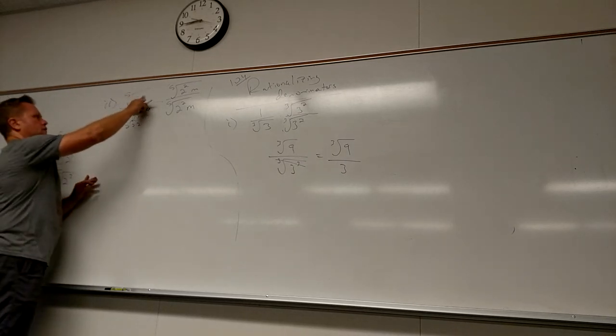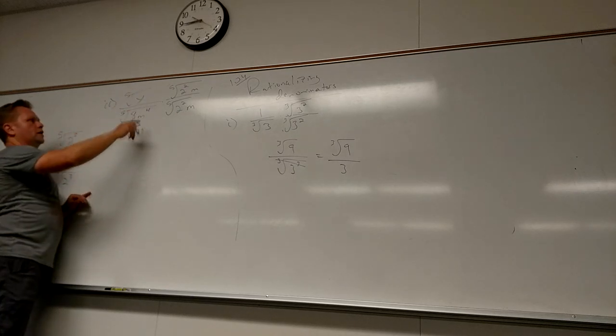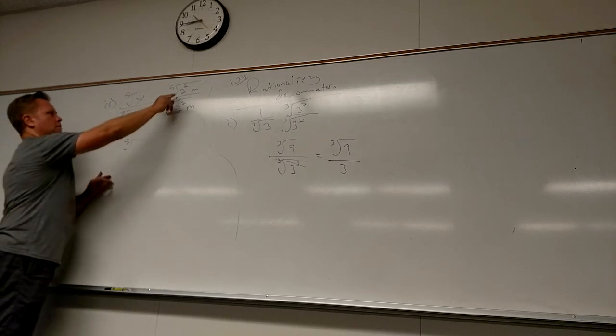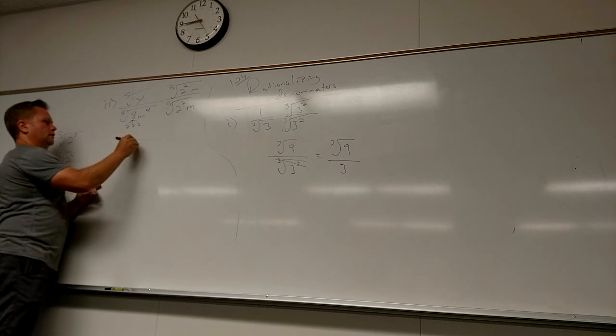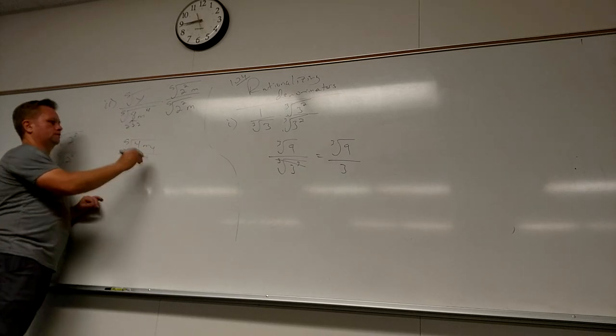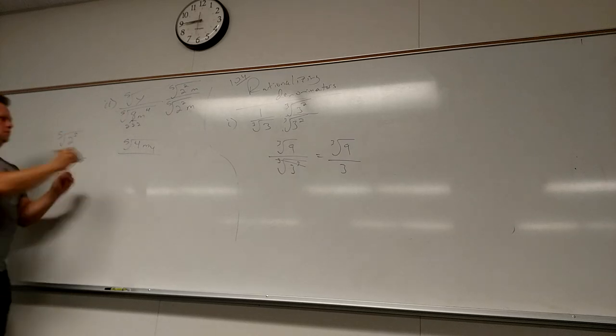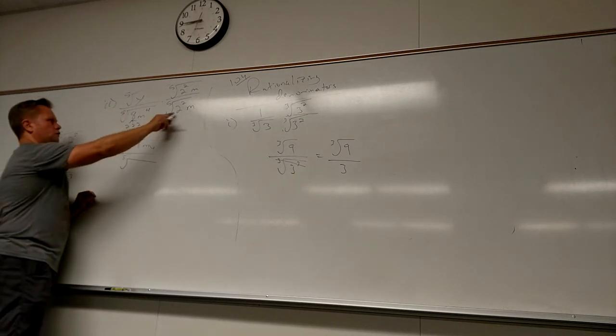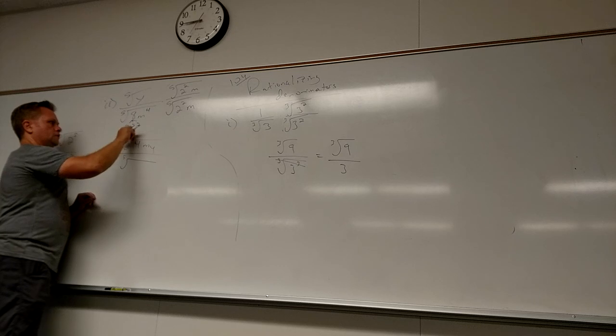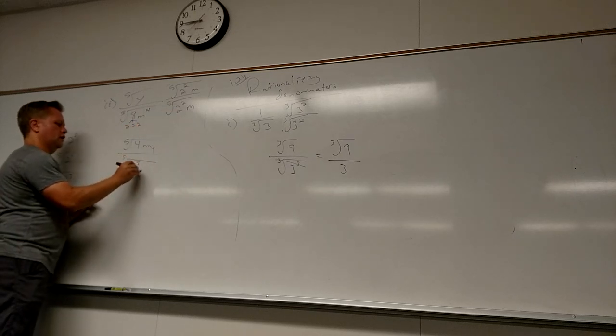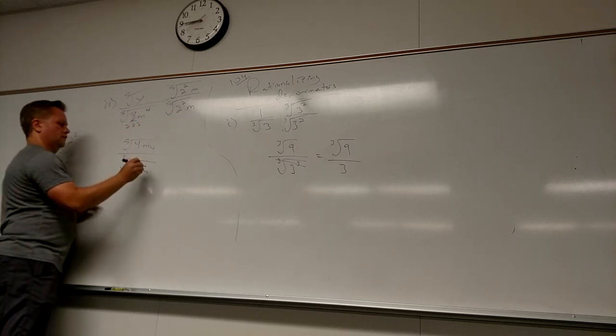What's the top? This is a y, by the way. Poor little y. What's the top become? The top just becomes 4my. And the bottom becomes the fifth root of 2 to the 5th, m to the 5th.